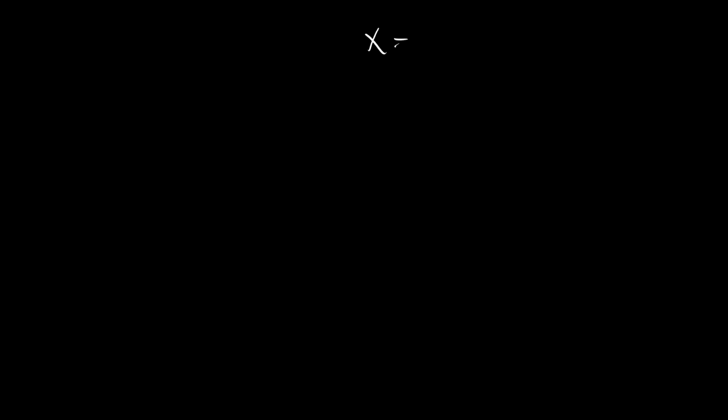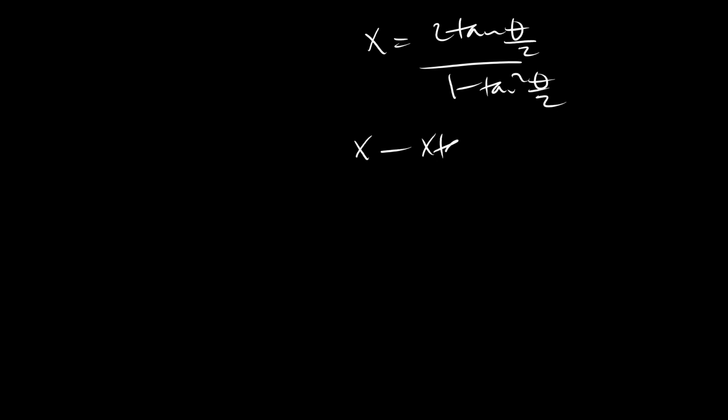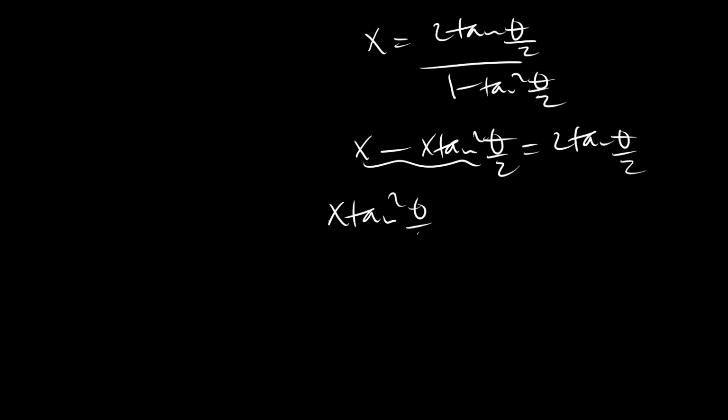It means that x is equal to 2 tan theta over 2 over 1 minus tan squared theta over 2, and therefore x minus x tan squared theta over 2 is equal to 2 tan theta over 2, meaning that if we add both sides with this, we have x tan squared theta over 2 plus 2 tan theta over 2 minus x equals 0.